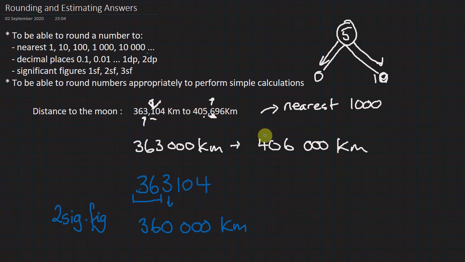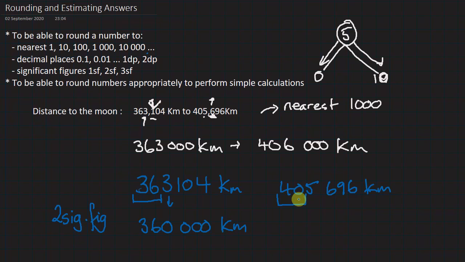Up to, and do the same thing on the other one. So we got 405,696 kilometres. Again, I want to go 2 significant figures, so I want the 4 and that 0. The 0 is important, but the 5 is only needed to decide do I go up or down.